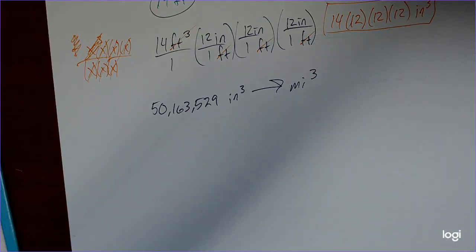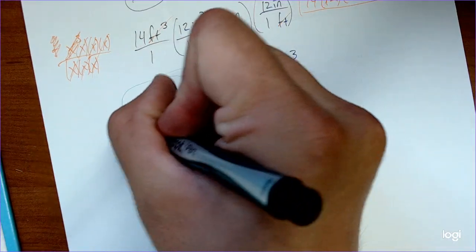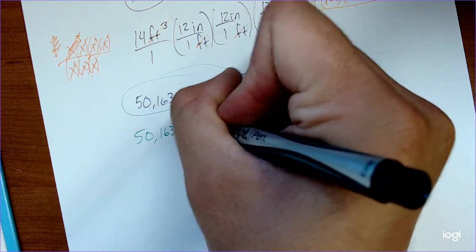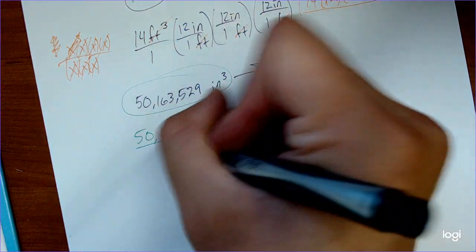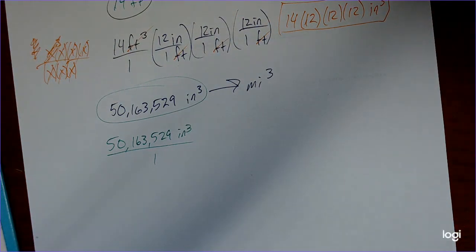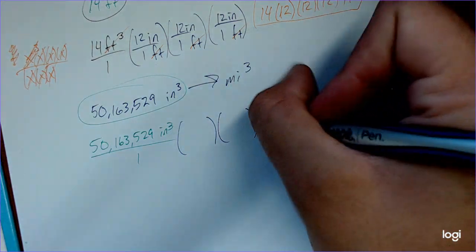So first rule of unit multipliers, I'm going to take my starting number and write it over 1. So I've got 50,163,529 inches cubed over the number 1, and then since this is cubed inches, I'm going to put 3 blank unit multipliers, not 1, not 2, but 3.